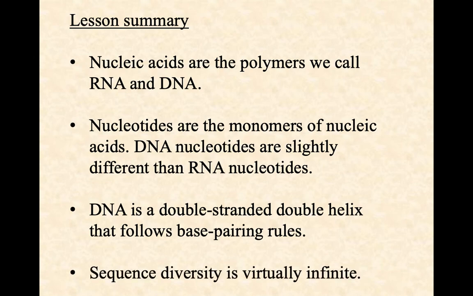And then finally, your typical gene that acts as a recipe for making a protein is 1,500, even 2,000 base pairs commonly, and the diversity of sequences that we can come up with 4 letters and 1,500 or 2,000 positions in the recipe, in the word, is virtually infinite. Really a remarkable molecule for containing and relaying the information of living things.